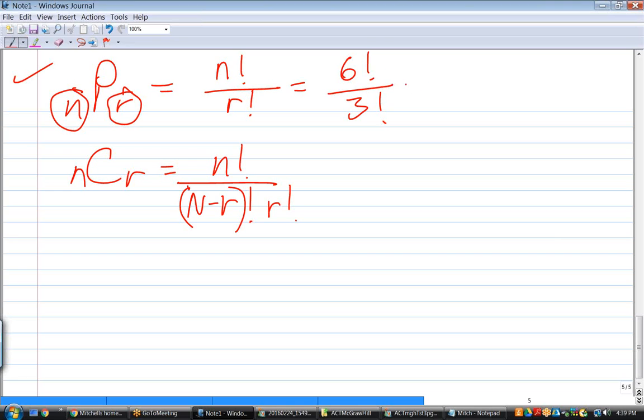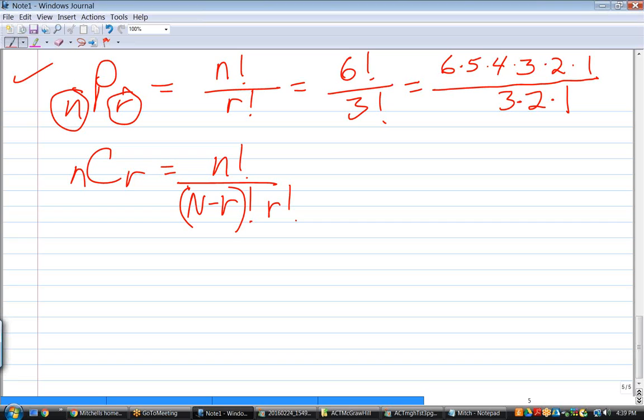First of all, what's 6 factorial mean? Oh, it's 6 times, it's 6, then everything under it. It's 3 factorial. 3, 2, 1. What's the result of those?